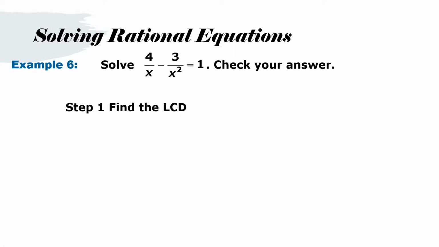We have to include all the factors of the denominators. The factor of x is x, the factor of x squared is x times x, and the denominator here is 1. So the LCD between x and x squared is x squared.